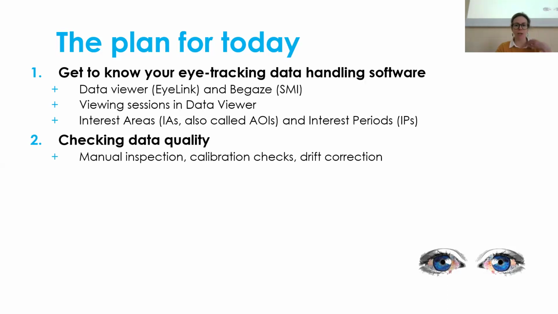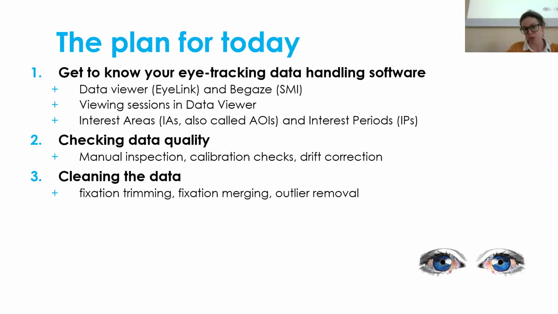We'll talk about manual inspections, calibration checks, drift correction, just amongst others. Then I'll also discuss data cleaning, which is a separate procedure to exclusions due to data quality. So we'll look at fixation trimming, merging, and outlier removal.